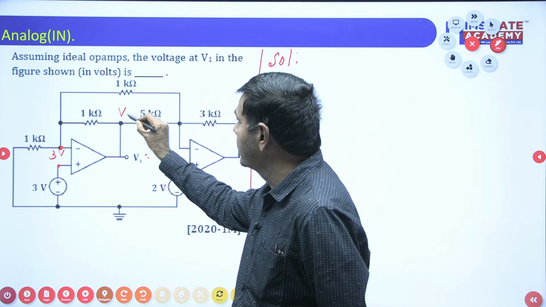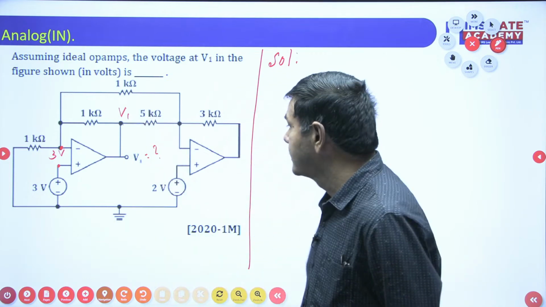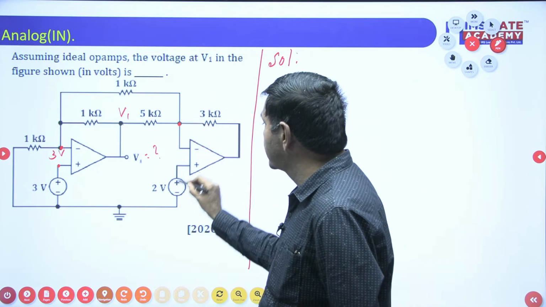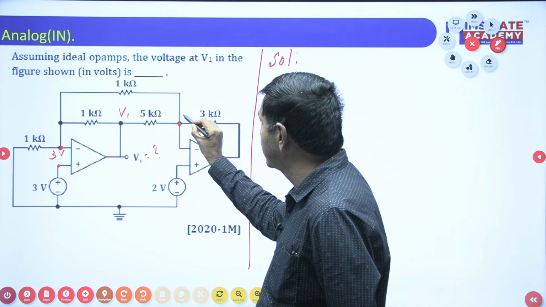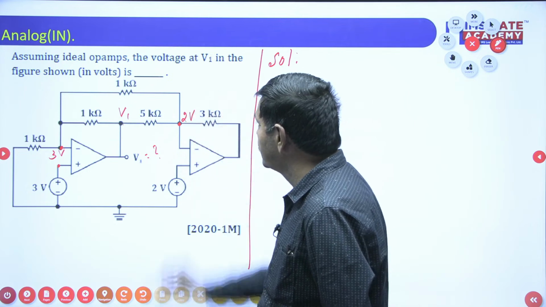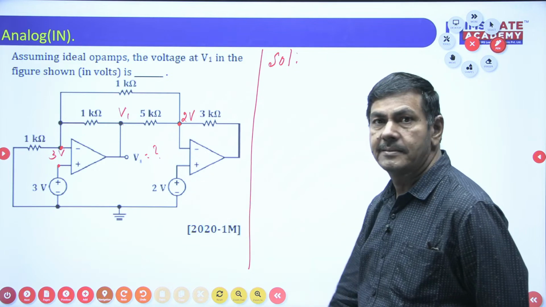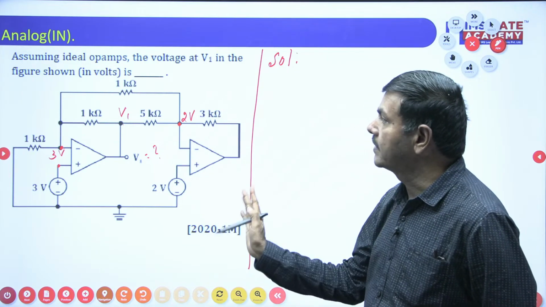I want the V1 value. And this voltage is nothing but V plus, 2 volts, the same 2 volts you can have here now. Now you determine the value of V1.